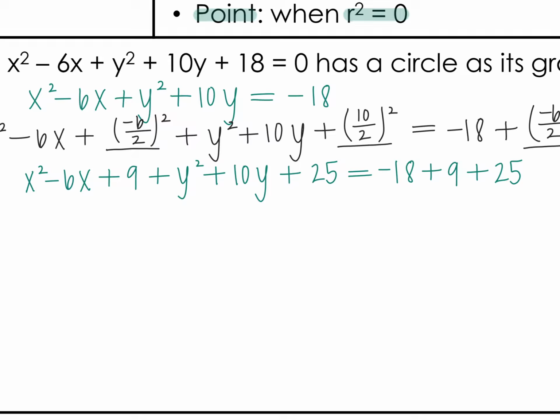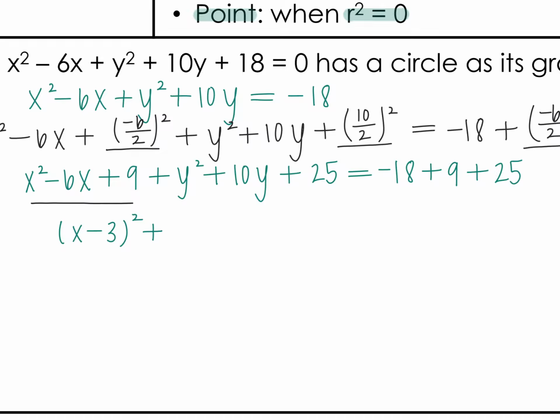So when we look at x squared minus 6x plus 9 and try to figure out how to factor that, you can think about what times what will give me 9 but add up to negative 6. But the easiest way to get your factors is just to look at that negative 6 and divide by 2. So here we would have x minus 3 squared.